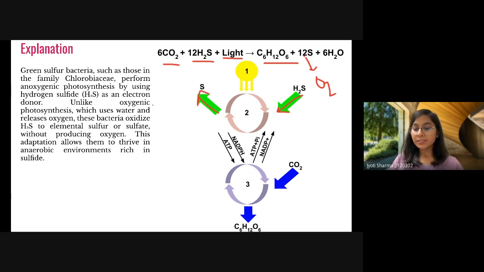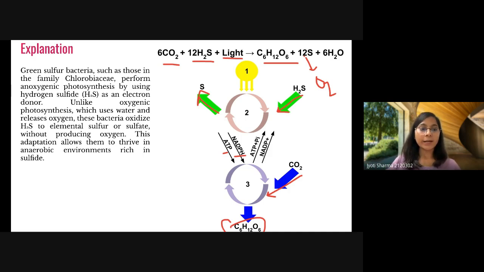Sulfur will be released in the atmosphere, and because using that electron donor we had protons, no doubt ATP and NADPH will be generated, and this will be utilized when CO2 comes and we can produce glucose. So everything is the same, but in place of H2O we are utilizing H2S, and because of that the byproduct is not oxygen but sulfur.